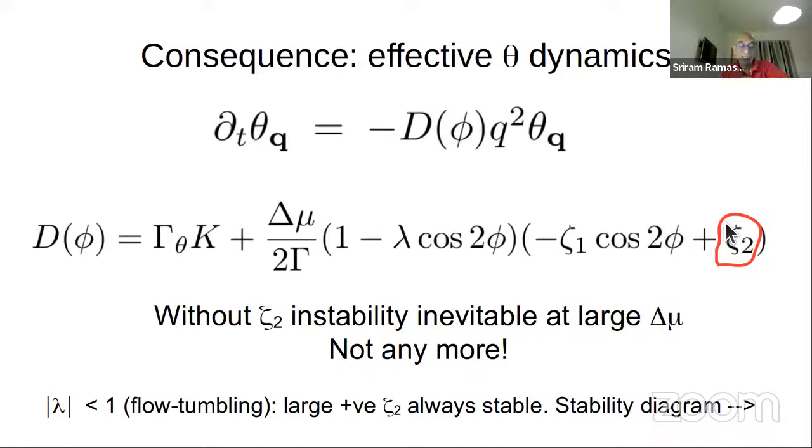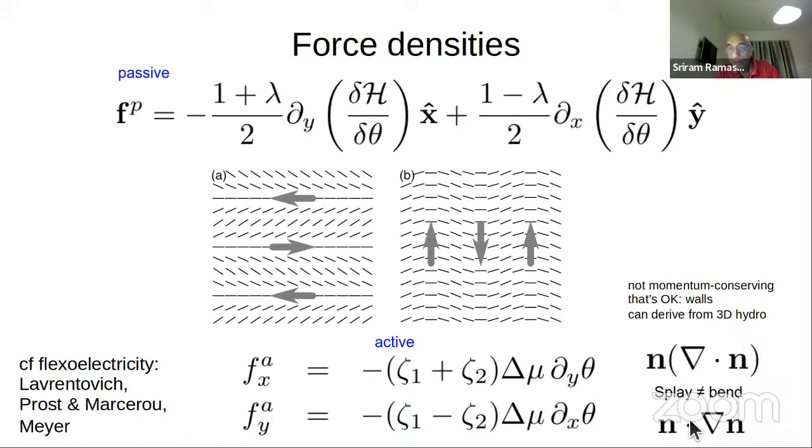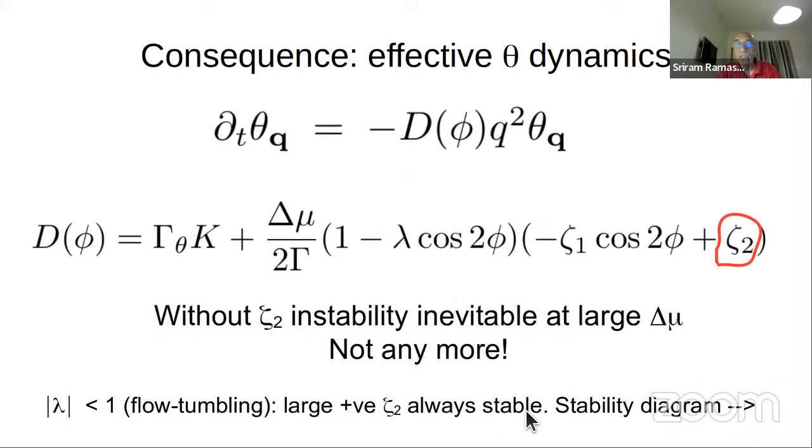Let me not labor it in much more detail. Basically, once you have these two independent active force density coefficients, the confined system, for a suitable region in parameter space, can be stable at all levels of activity.